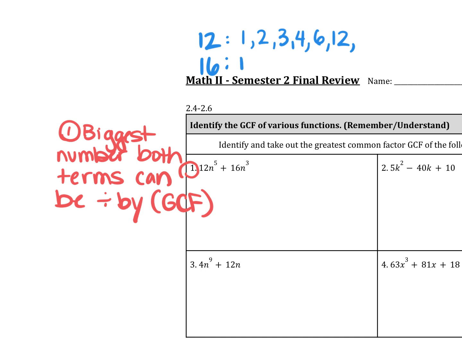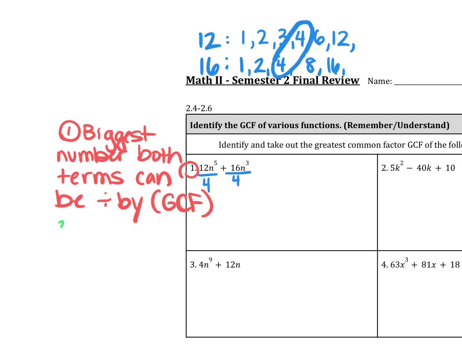And for 16, you get 1 times 16, 2 times 8. So we can see 2 is a common factor, but is it the greatest one? And then we have 4 and 4. So 4 is the greatest common factor between 12 and 16. So what we would do is divide both of them by 4.